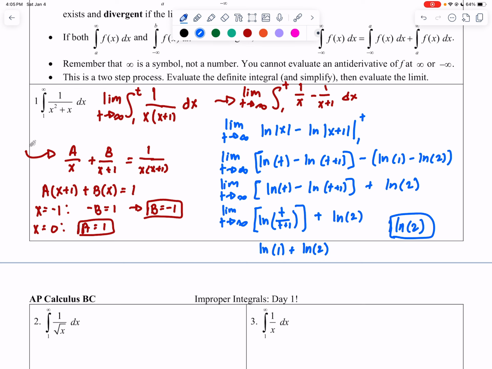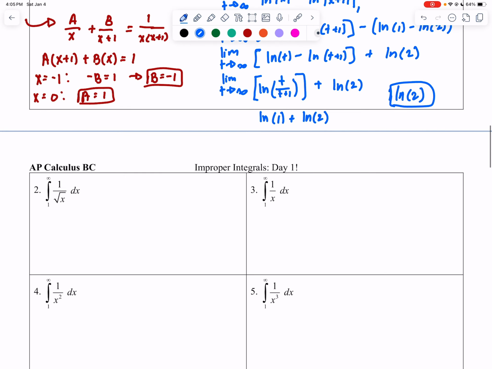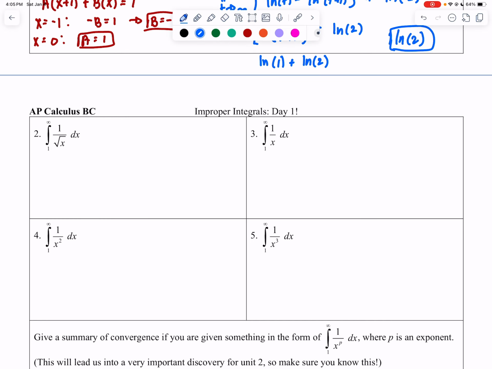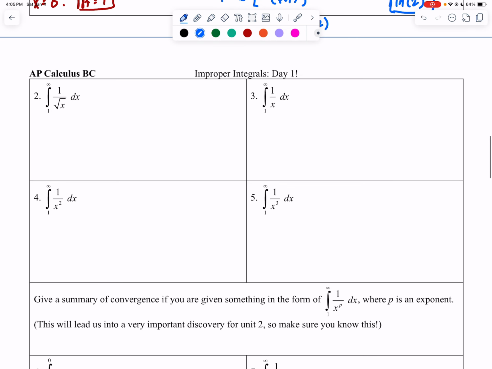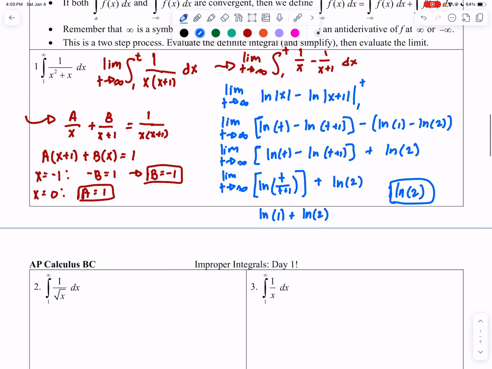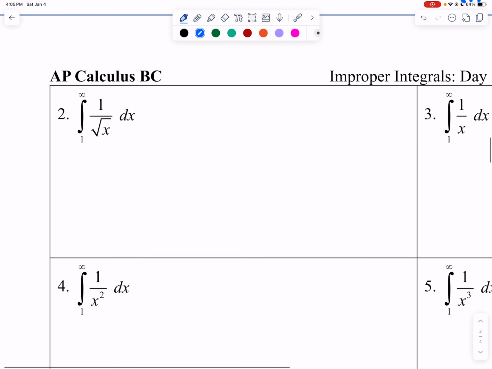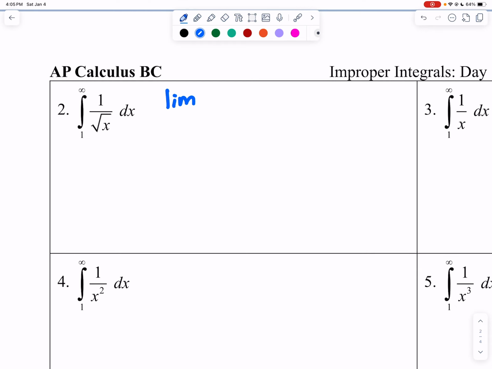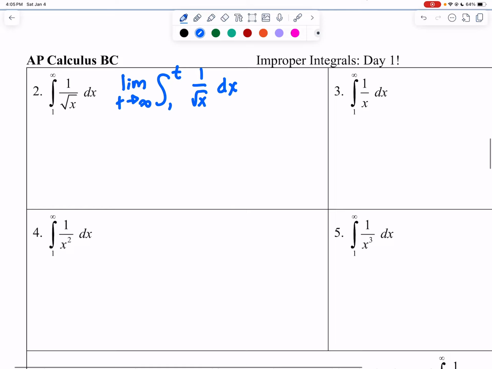All right, so what I want you guys to do is 2, 3, 4, 5, and a summary based off of what we just did here, where we take the limit as t approaches infinity, 1 to t of 1 over root x dx. We're getting the same thing for 3, 4, and 5.